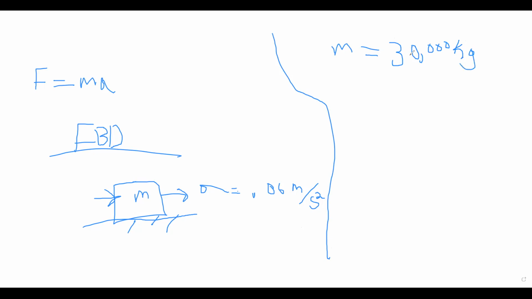So we plug 30,000 times 0.06 into this equation, and we get F is equal to 1,800 newtons. Which we know, 1 Newton is equal to 0.225 lbf.